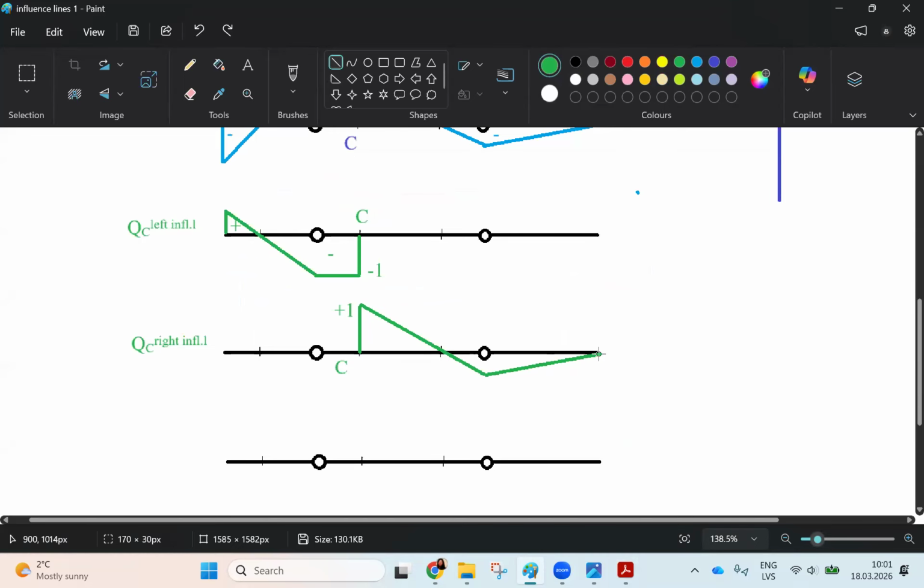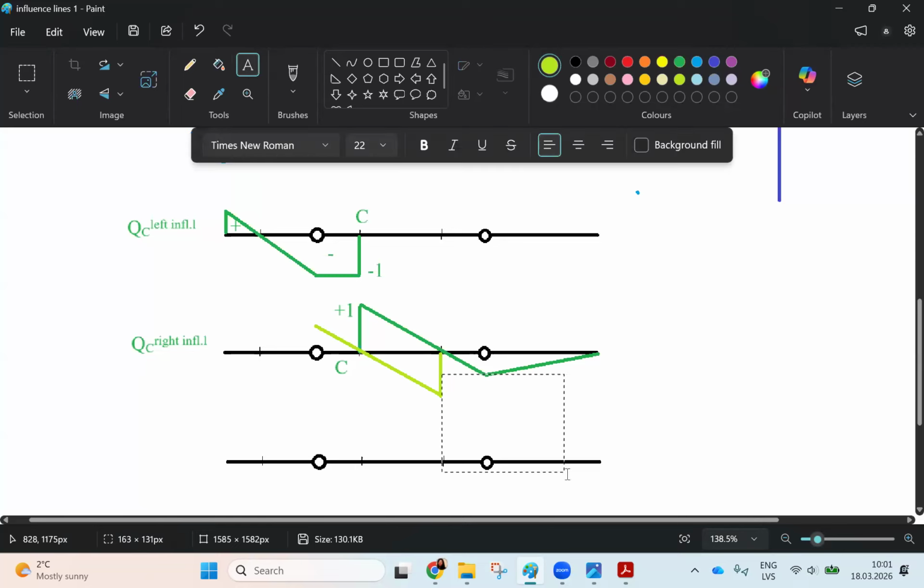With a dash line, we draw here a symbolic figure for the influence line of shear force, valued -1.